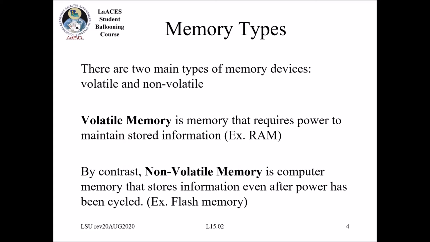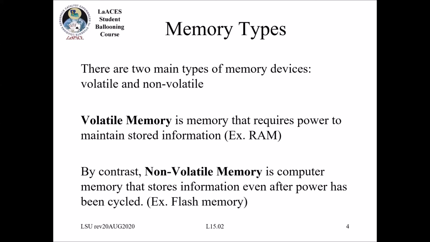If you turn off the power and you turn it back on, everything goes back to its initial set values. If you start your computer back up, your RAM goes to its initial values. Again, if you cycle power to the Arduino, because all of your variables are stored in RAM, they all go back to their initial value.